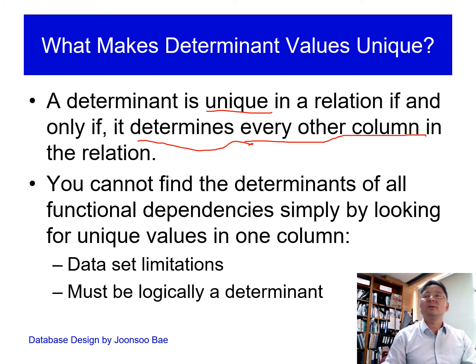But you must be careful that you cannot find the determinants of all functional dependencies simply by looking for unique values in one column, because the data can be very limited.